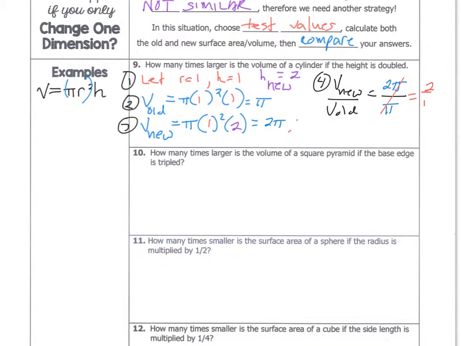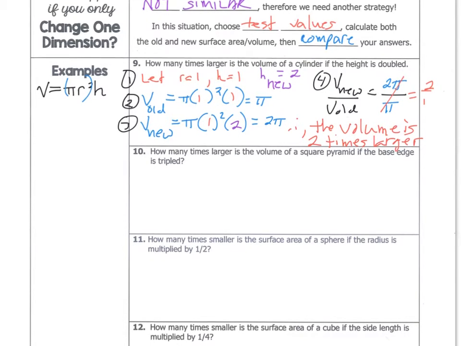So therefore, the volume is 2 times larger. So just set up your ratios. Does that make sense? We're just guessing and checking. We're coming up with values ourselves.